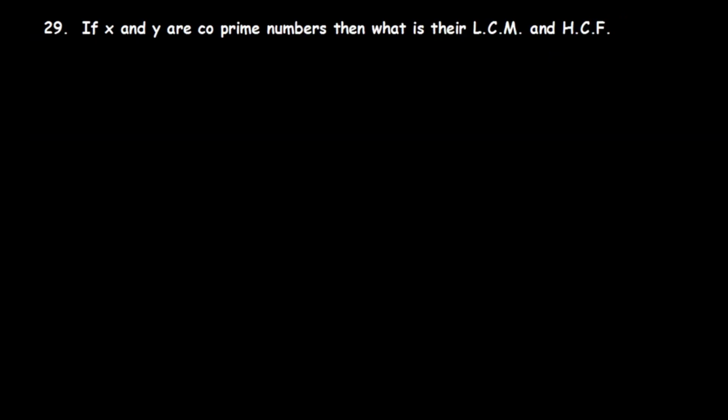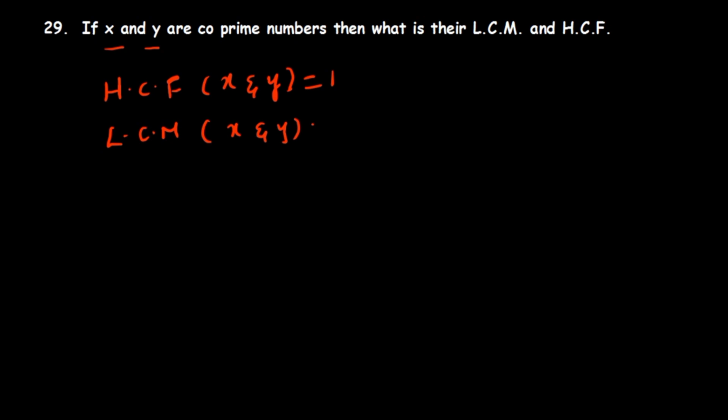Next, if x and y are co-prime numbers, then what is their LCM and HCF? This is very important. When x and y are co-prime numbers, the HCF of co-prime numbers is always 1. So the HCF of x and y is 1, and in this case the LCM of x and y is x into y. So when we have co-prime numbers, their HCF is always 1 and the LCM is the product of the numbers.